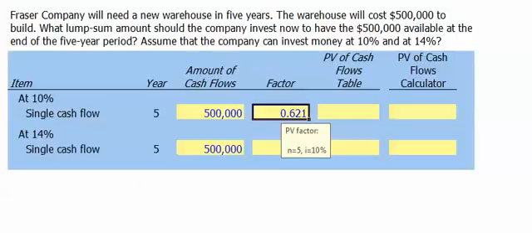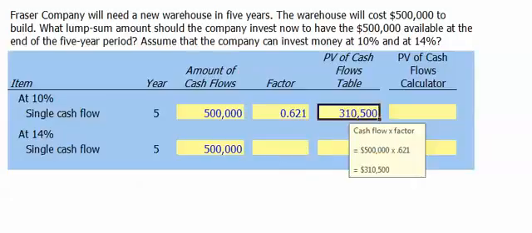To calculate the present value, or the amount we need to set aside today, we multiply the $500,000 by the 0.621 present value interest factor, and we get a present value of $310,500. In other words, if the Fraser Company invested $310,500 at a 10% interest rate, in 5 years it would grow to $500,000.